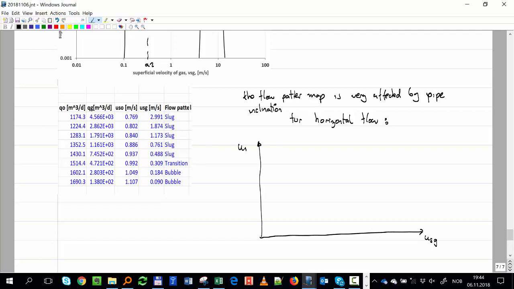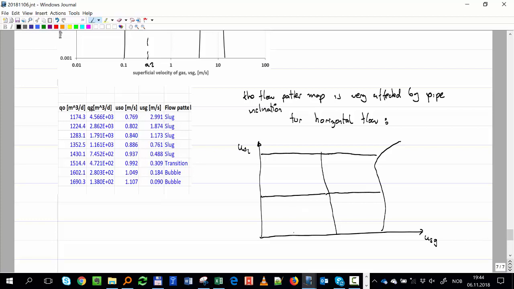USG, USL, and we have two lines that are fairly... and we have finally a line like this. Where now we have another pattern that didn't appear in vertical flow.